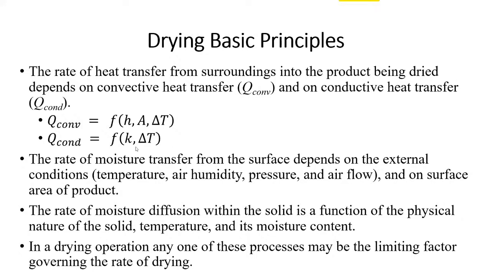This is also a two-mechanism process: diffusion from inside to the surface, and evaporation from the surface to the surrounding air. So we can see that the drying process really depends on the conditions around the product and also the conditions inside the product. Any of these factors can become the limiting factor in drying our agricultural product.